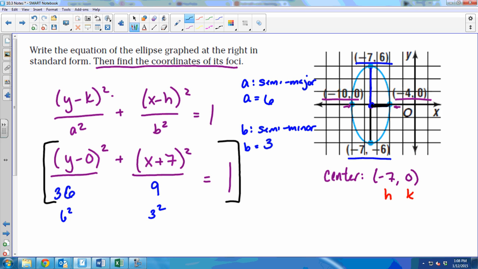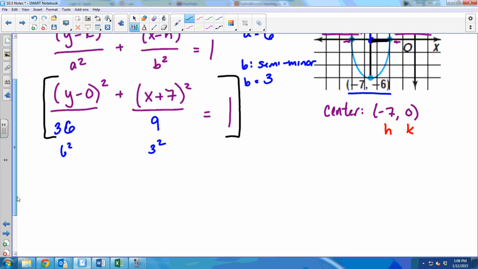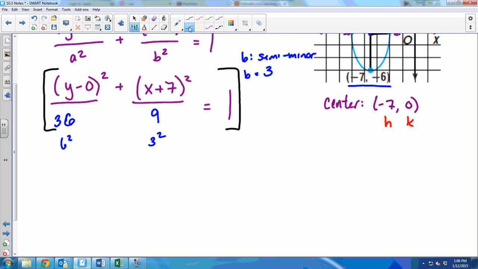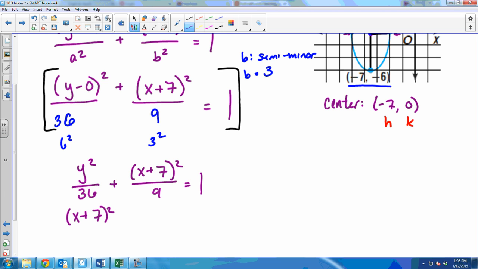Now, this could be written several ways. You can leave it like that. You will probably see it not with y minus 0. You'll see y squared over 36 plus x plus 7 squared over 9 equals 1. Or, like I said earlier, it doesn't have to be written in that order. So you could see x plus 7 squared over 9 plus y squared over 36.